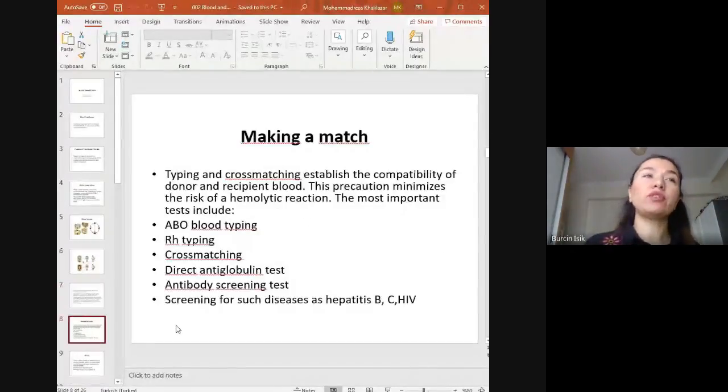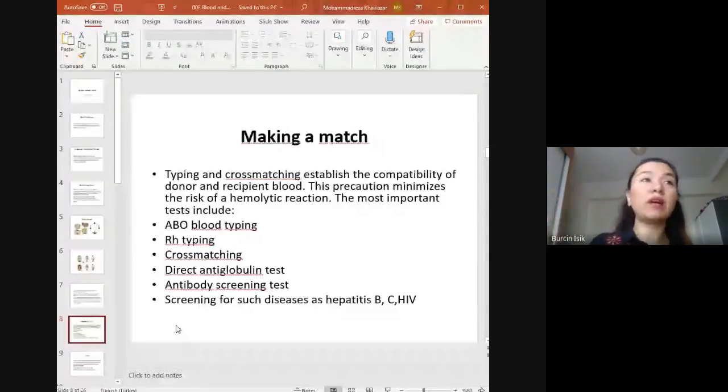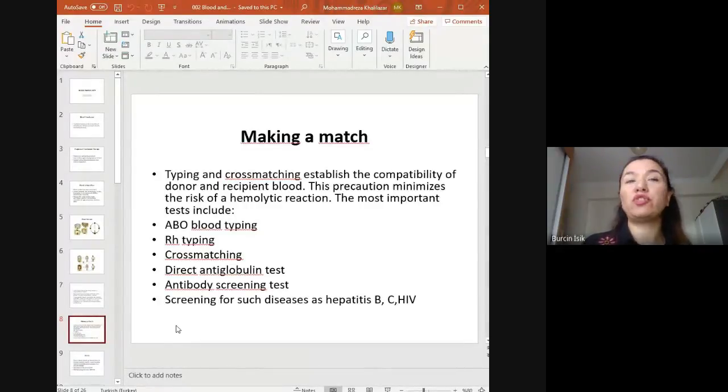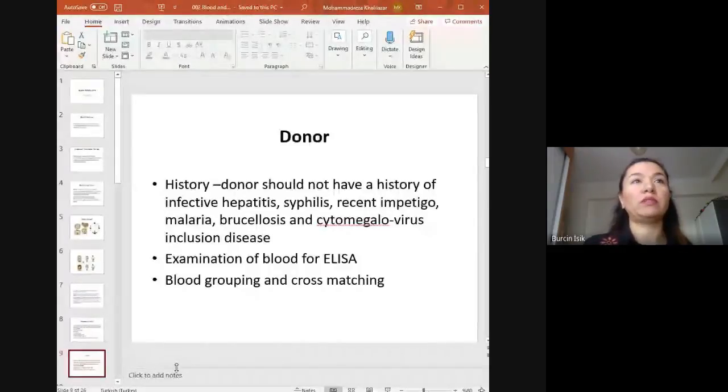Making a match about the ABO blood type, RH positive or negative, cross match, antibody test, and screening for diseases like HIV infection, hepatitis C, and hepatitis B. The history of the donor is very important.